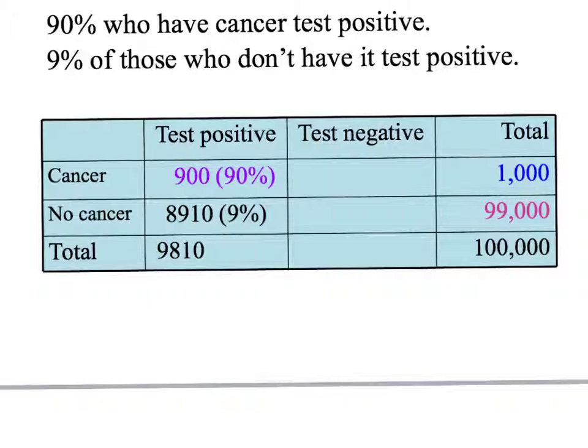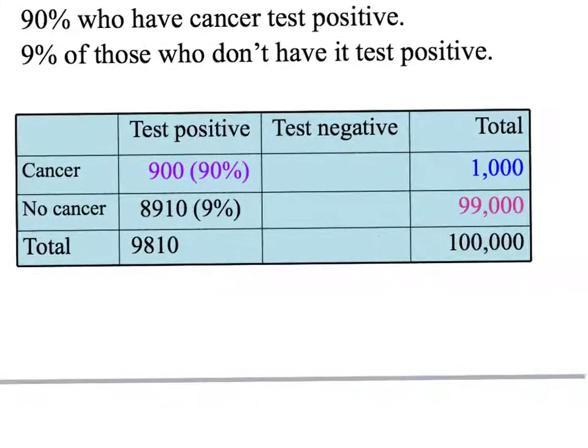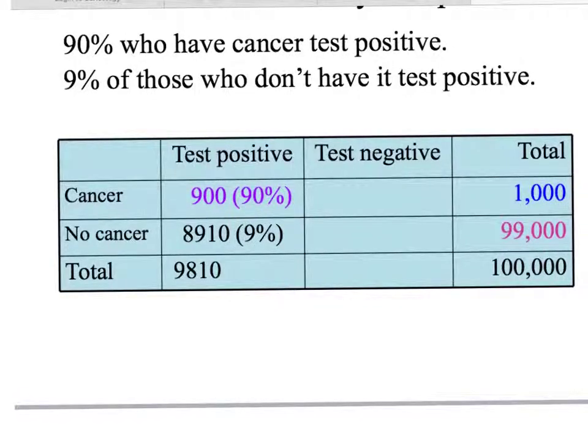So if you're looking right here, we've got 900 who test positive, and 9% who don't have it test positive. So of the people who test positive, 9% don't have cancer.